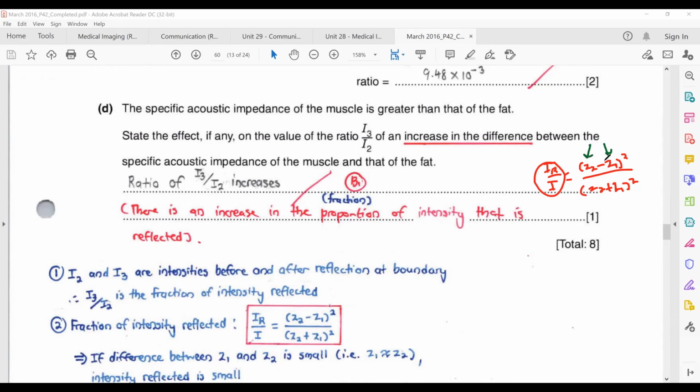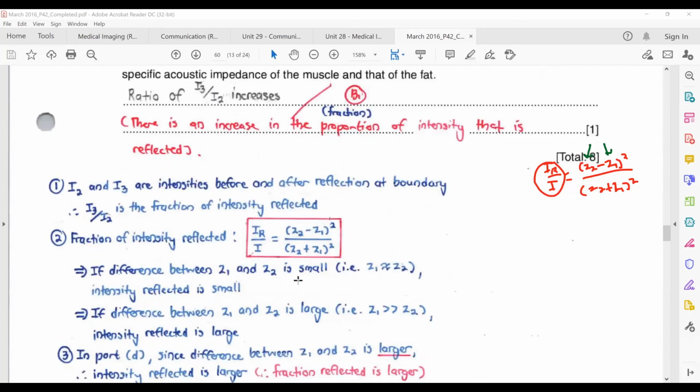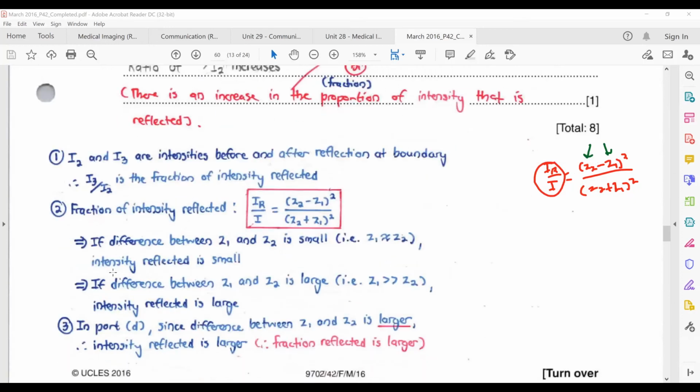If the difference between Z1 and Z2 is small, meaning they are very similar to each other, the intensity reflected will be small because this will be small, and this as a whole will be small.